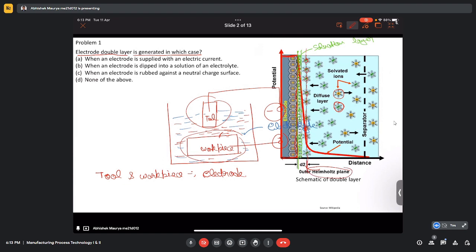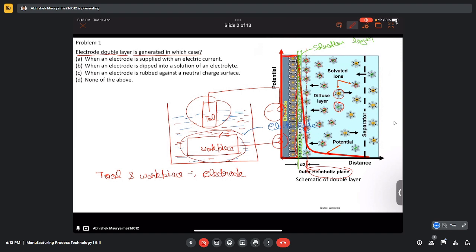After the Helmholtz plane, after the first layer of negative ions, there are other negative ions present behind the Helmholtz plane.